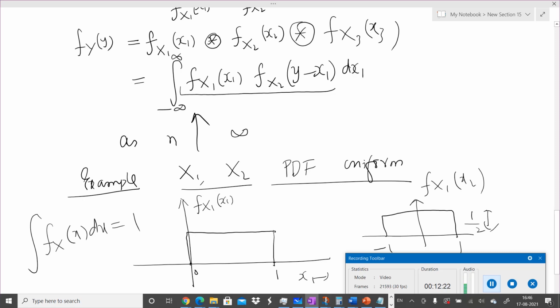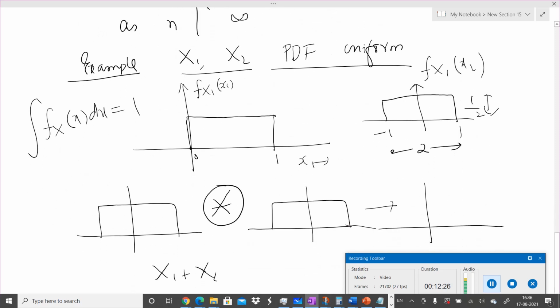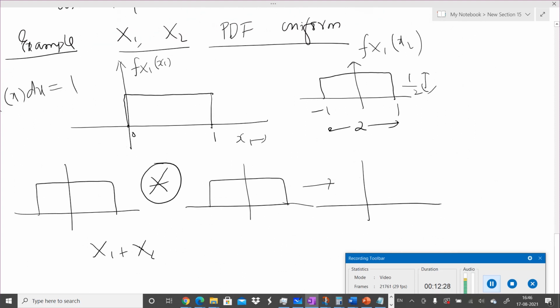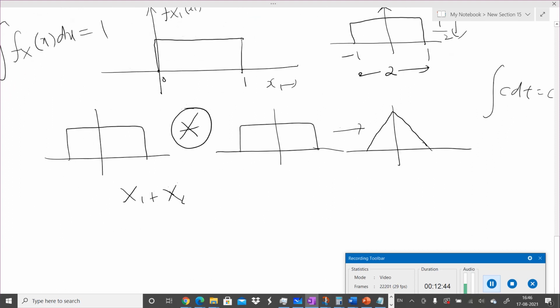Both are uniform, constant, so its integral will give a linear shape. You can do this small exercise for verification: the PDF of the sum of two uniform random variables is triangular, because you are integrating a constant. Integral of c dt is ct, plus a constant.